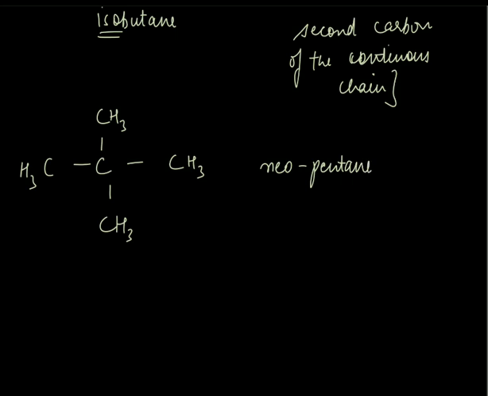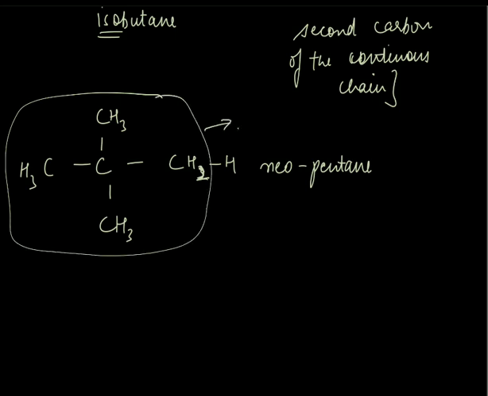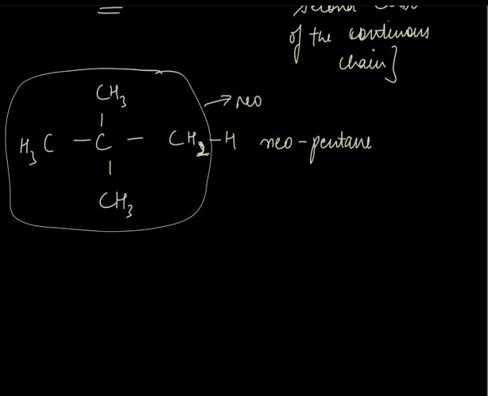When it comes to common terminology, we don't use that long chain alkyl group and so on. If I just split it up, CH2, this entire thing is your neo group. So neo is when two methyl groups are attached to the second carbon of the continuous chain. This carbon I'm talking about.